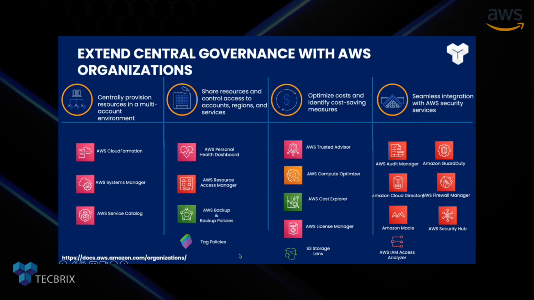For example, if you want to centrally provision resources in a multi-account environment, you can use AWS Service Catalog, where you can create a catalog so that if someone wants to deploy an application or create new resources, they can deploy through this Service Catalog. Plus, you can have some CloudFormation templates created.